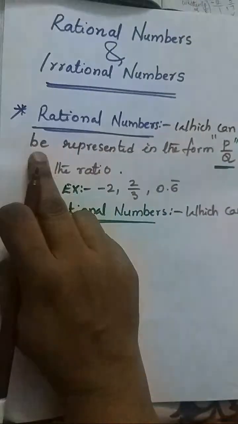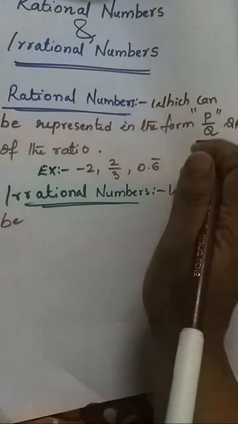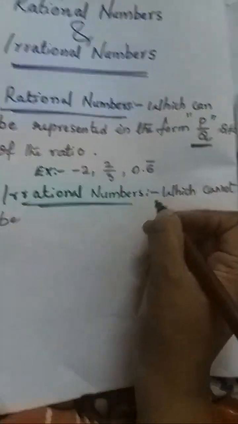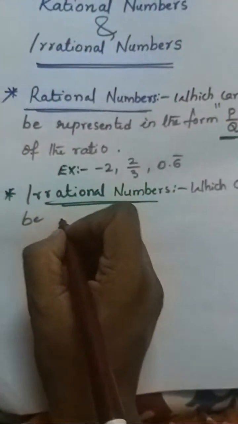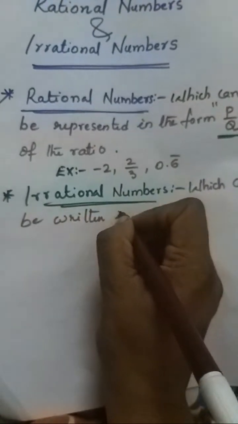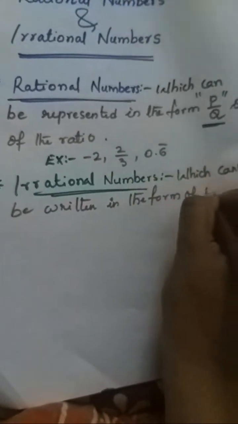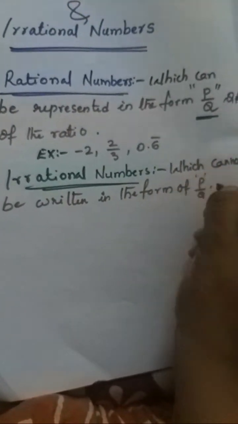Rational means it can be represented in the form of p by q. Irrational means it cannot be written in the form of p by q.